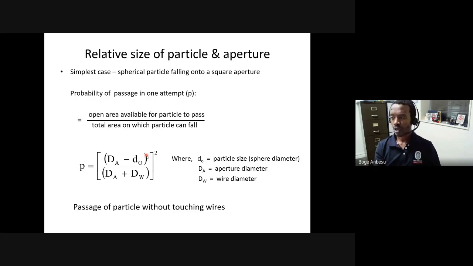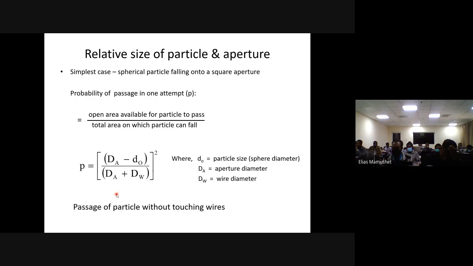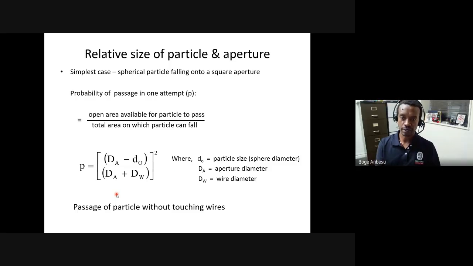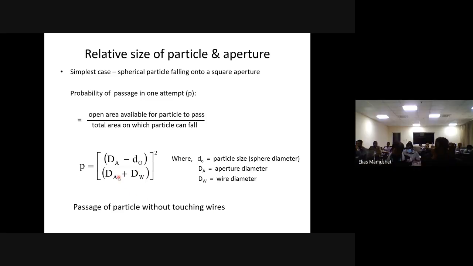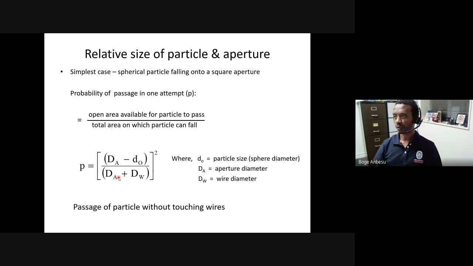But we also know, in addition to these factors, that if I move the screen, if I lift particles up and down, I am giving them the opportunity to be presented in different orientations on the screen, and I'm increasing the passage of particles through the screen. So there are a number of other factors in addition to just the diameter of the aperture and the diameter of the particles.